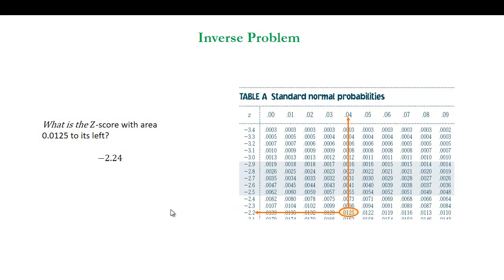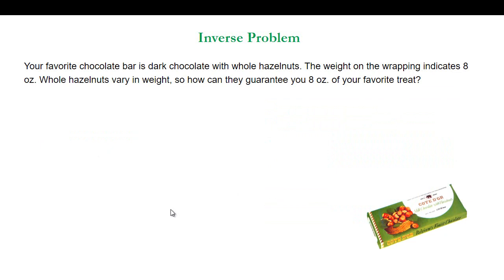Okay, so you can see how you can find the z-score given the area. This is known as the inverse problem. Let's do an example.